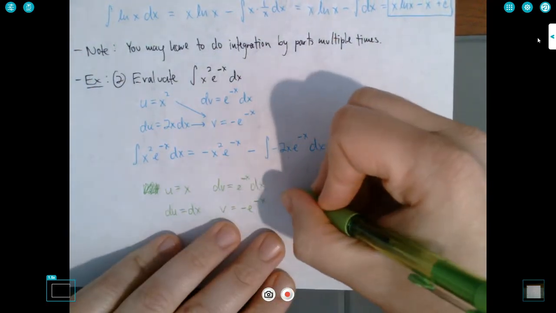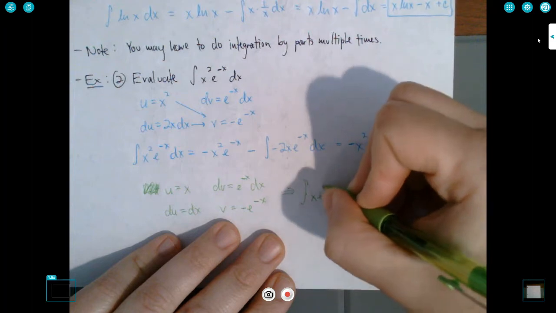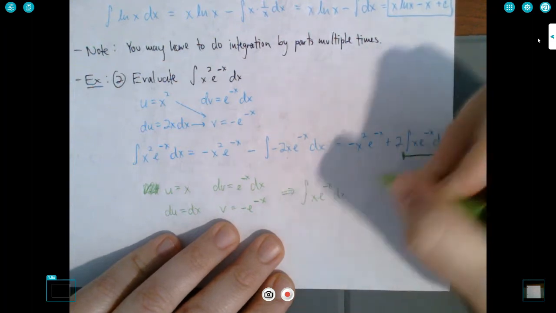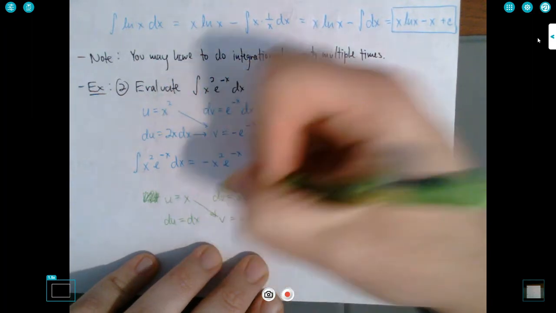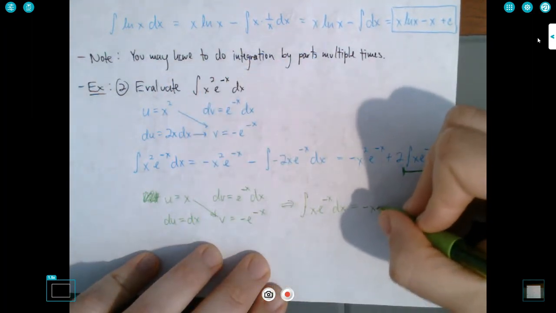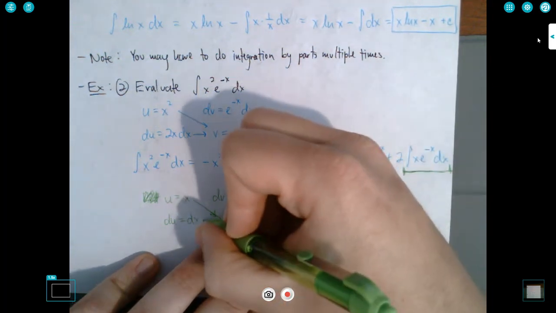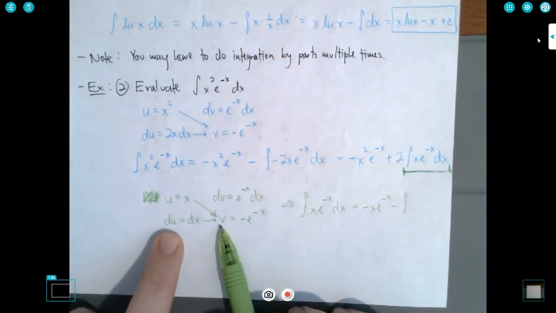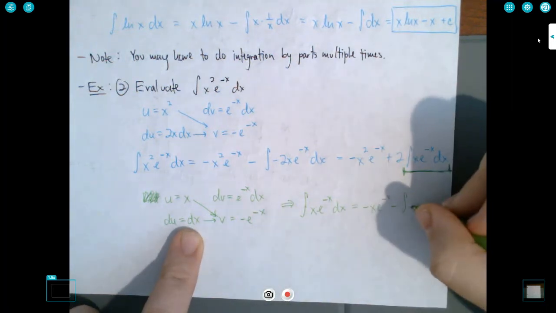And then that tells me that the integral of x e to the negative x dx is going to be u times v, that's negative x e to the negative x, minus the integral of v du, so that's negative e to the negative x dx.